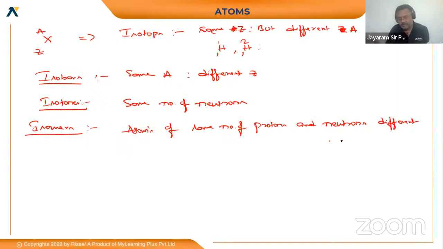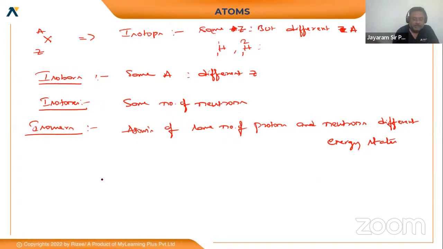Different energy states. Okay? So you can have both of them as uranium 234 92, the same. One gets excited, and the other does not get excited.